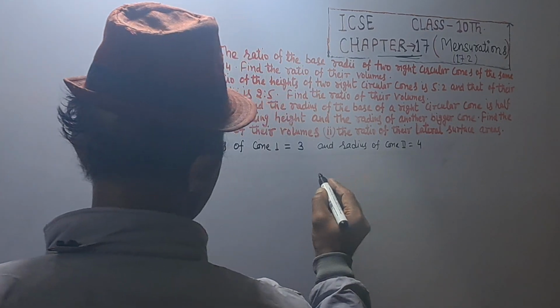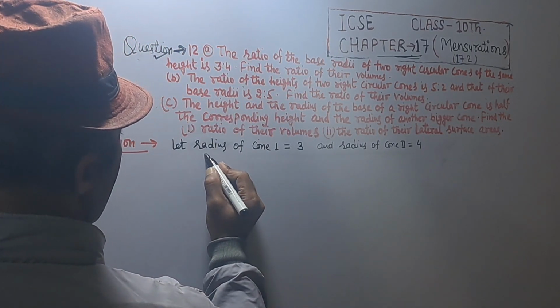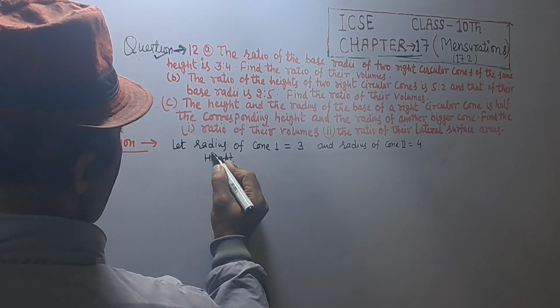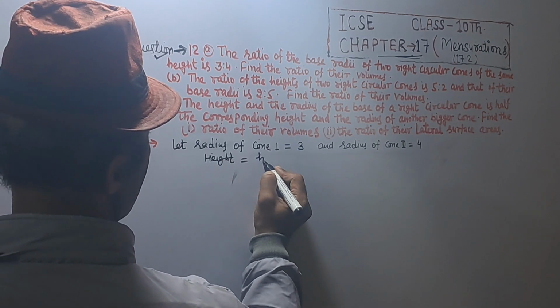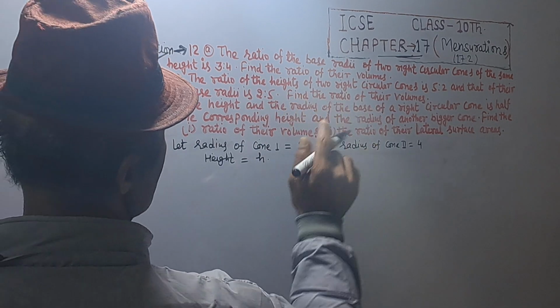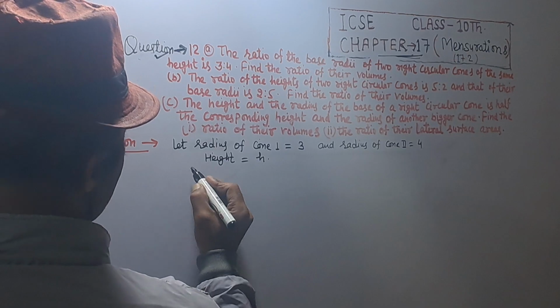Same height. Height is equal to h. Find the ratio of their volumes.